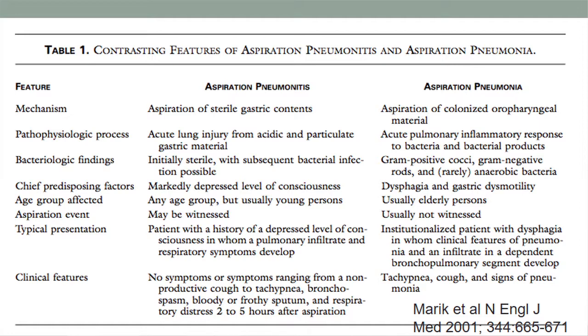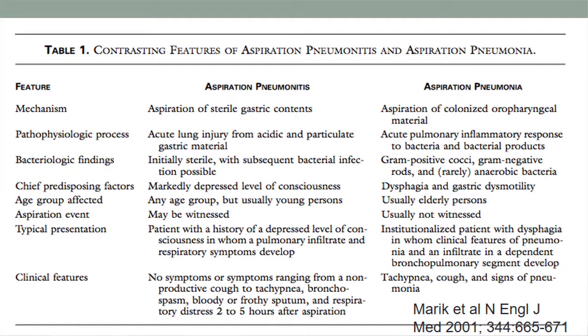And a typical presentation for someone who comes in with aspiration pneumonitis usually has a history of a depressed level of consciousness and pulmonary infiltrate and respiratory symptoms developing soon after. And in aspiration pneumonia, usually an institutionalized patient or from a long-term care facility presents with history of dysphagia and clinical features of pneumonia and infiltrate on imaging.